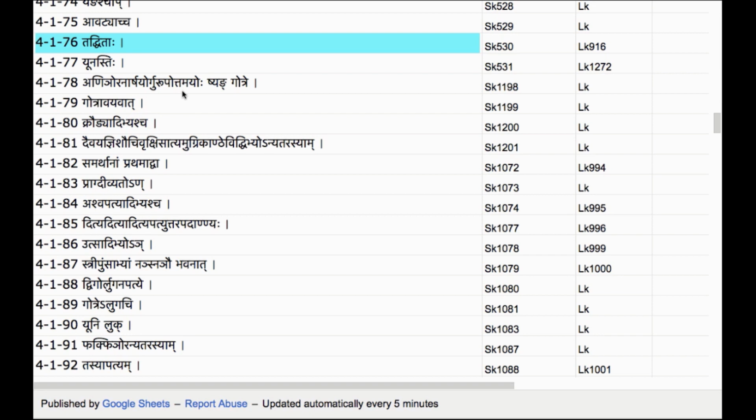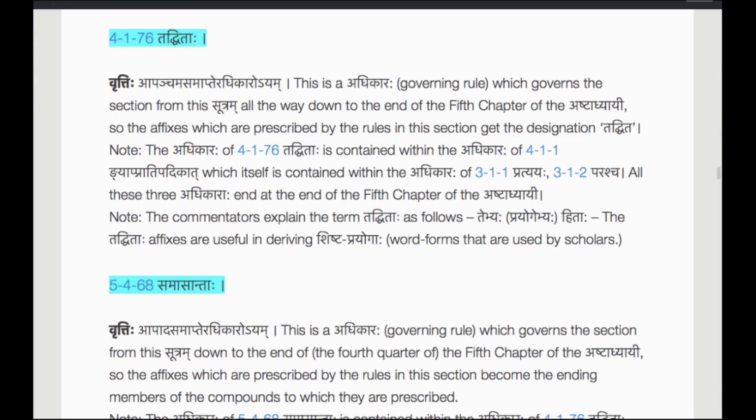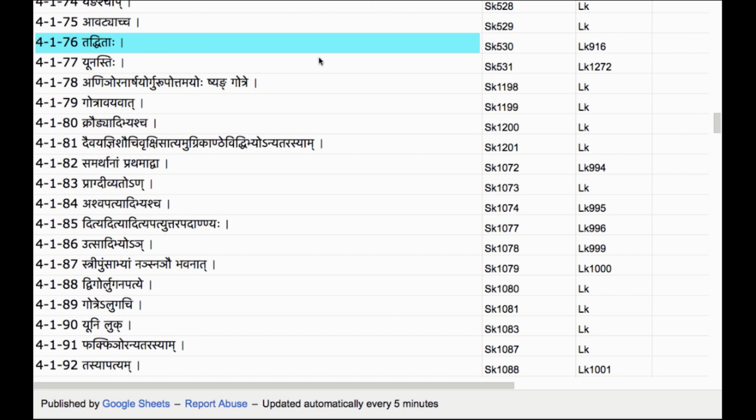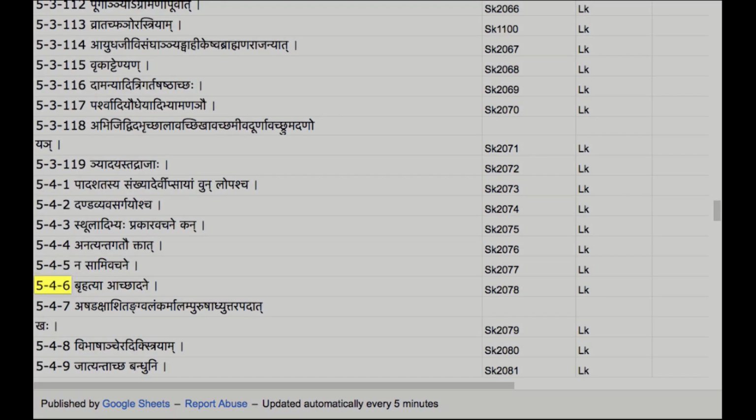We have actually already studied the Sutram 4176, Tadhitaha, because when we did the Samasa Prakaranam, we needed to apply the Samas Anta Pratyayaha, which we know start from 5468 Samas Antaha and go to the end of the 5th chapter of the Ashtadhyayi.